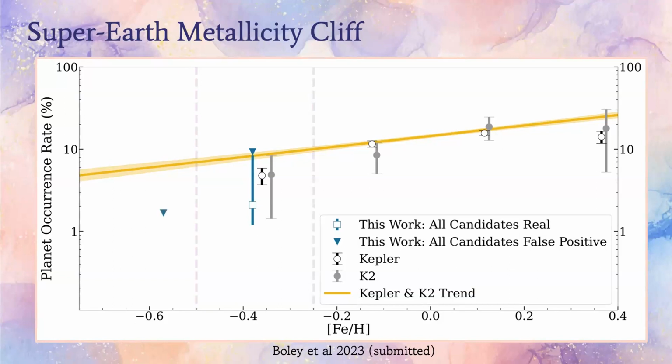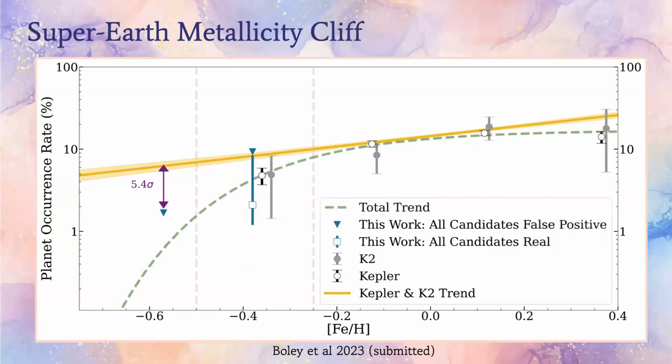And then I'll add our upper limit here. So already we kind of see this dip in the occurrence rate. And this dip is actually a little over a 5 sigma difference between what we expect from Kepler and our upper limit. And our upper limit is a 3 sigma upper limit as well. And so once you start to look at this and kind of calculate the total trend of the occurrence rates, you'll get a function that looks a little bit like this in the green.